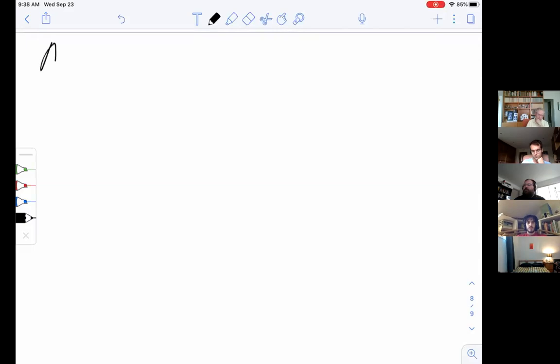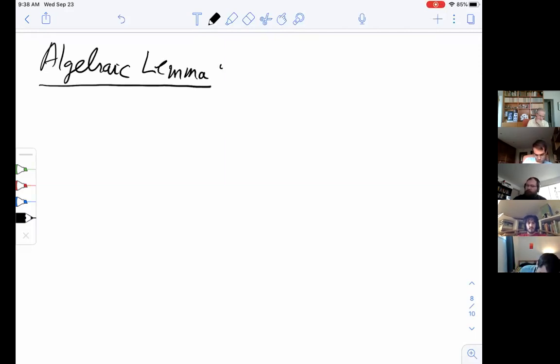So the algebraic lemma. It's a completely trivial lemma. It's one you all know well. You may not have seen it in the formulation I'm going to give, but it's a well-known lemma. This is the one place where simple connectivity is used.